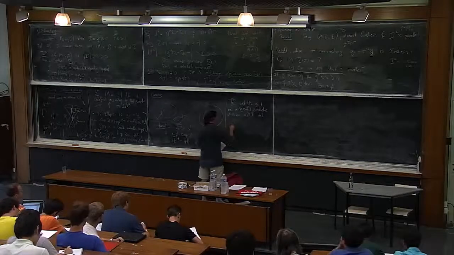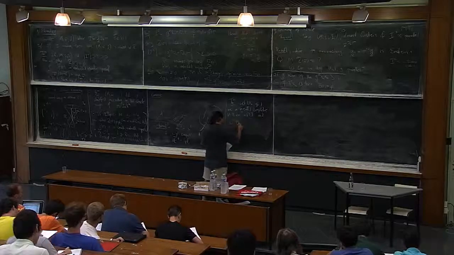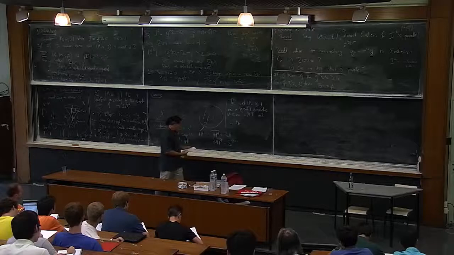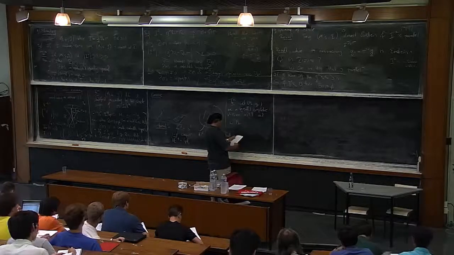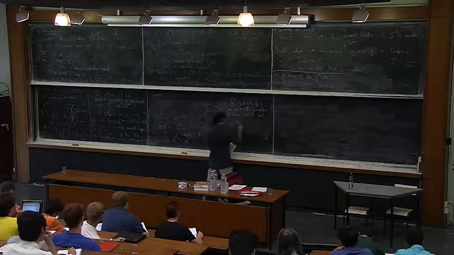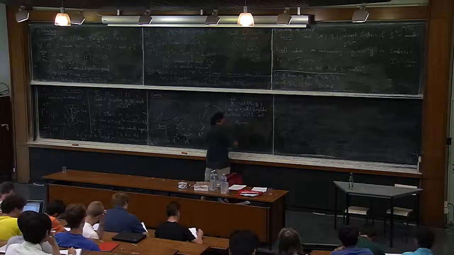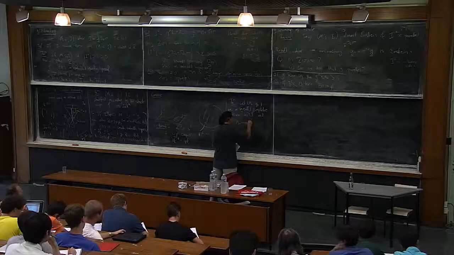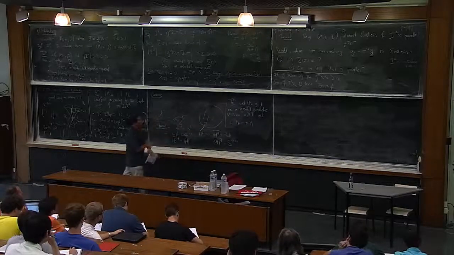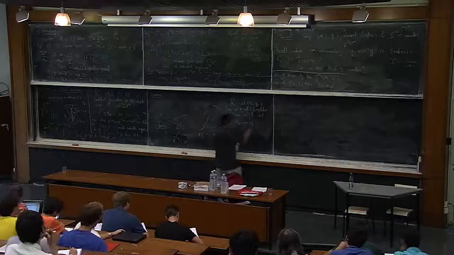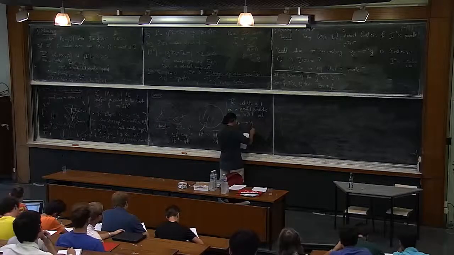So I want to embed it into, actually I can change my notation here, so I'll try that, but it could go wrong. Okay, so I want to embed this into a manifold M, which will be, let's assume that this is closed, for instance.